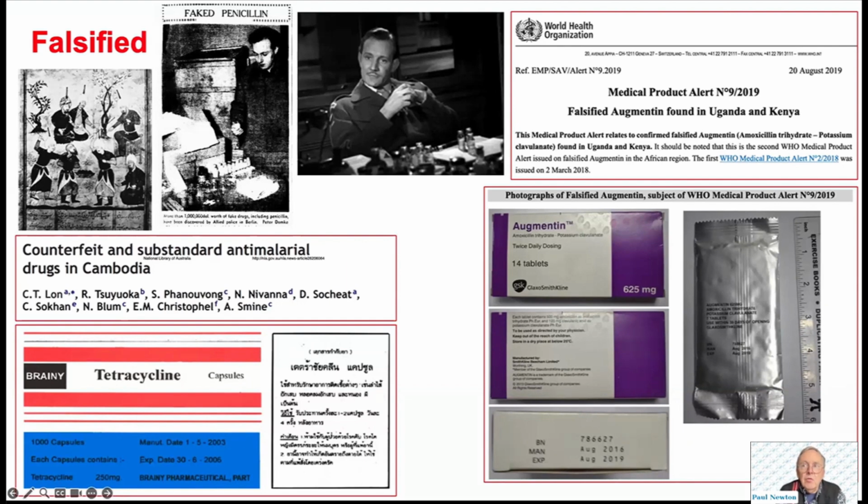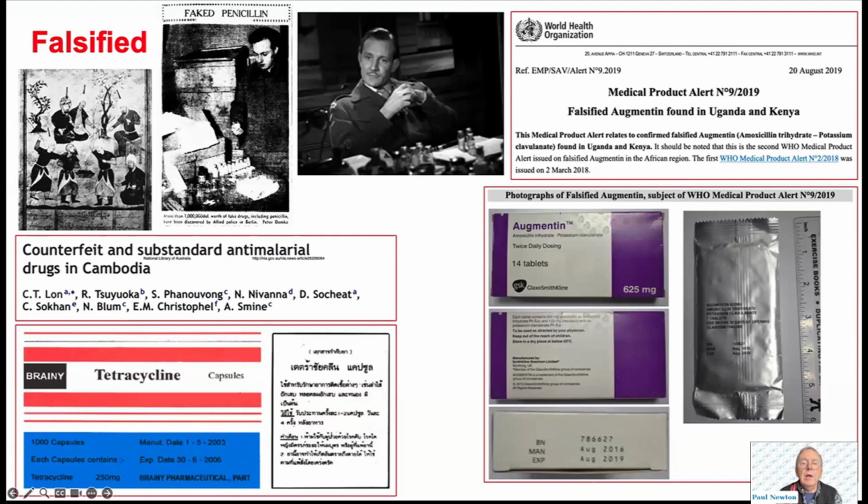But this was found in Cambodia, and there was no evidence that there was a company called Brainy anywhere within the region. So it seemed to be a fake company making a fake tetracycline that contained no tetracycline, so it would have zero efficacy.